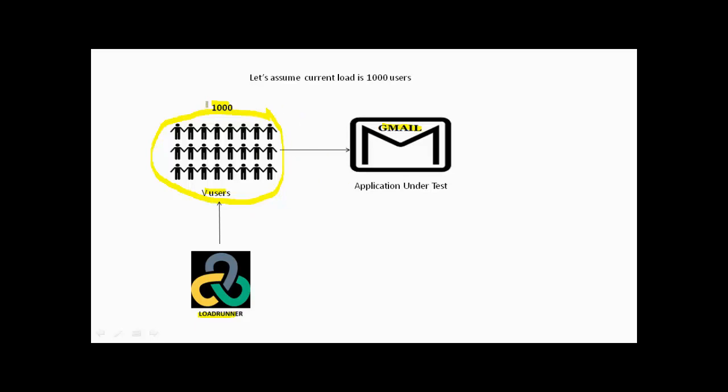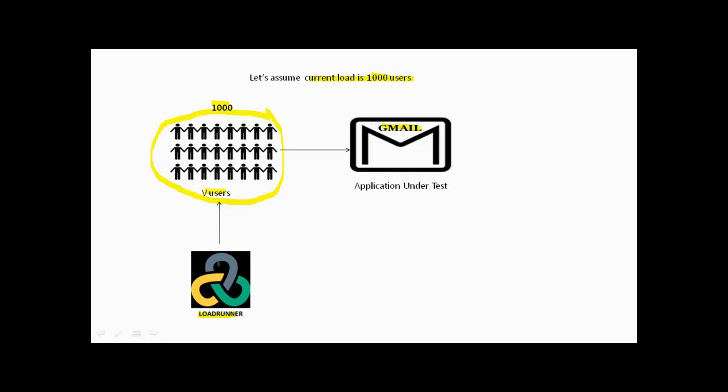Assuming that the current peak load is 1000, who will give this 1000? Our business owner will give this number, and how we get it, we will discuss later. It is for some other day, not for today. So let's assume the current peak load is 1000.